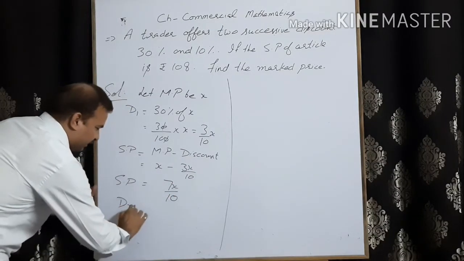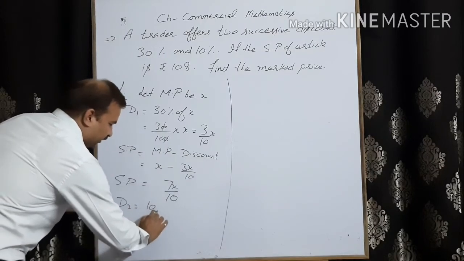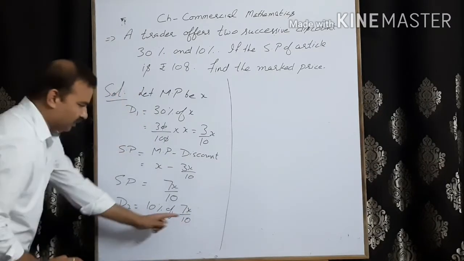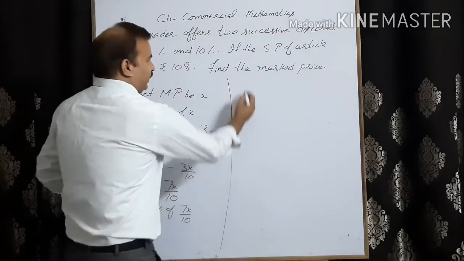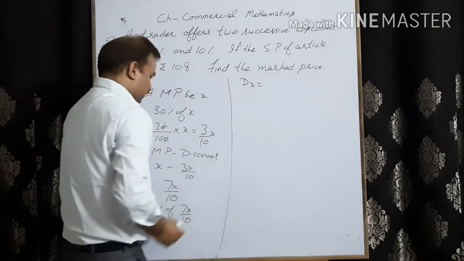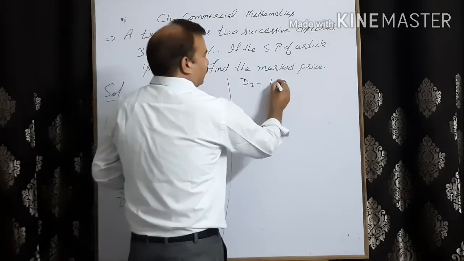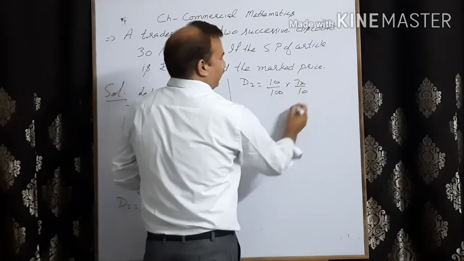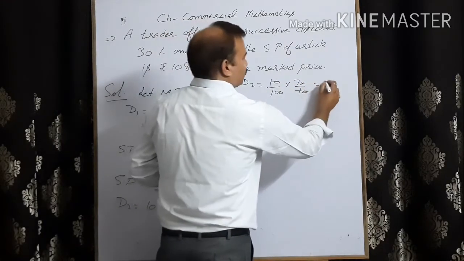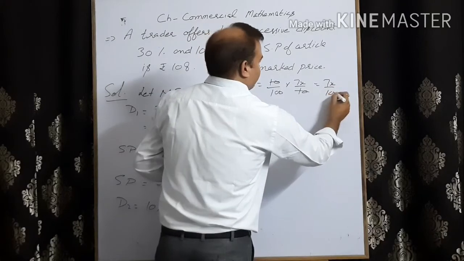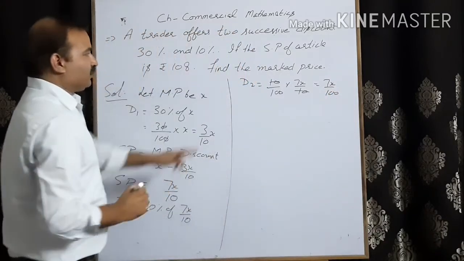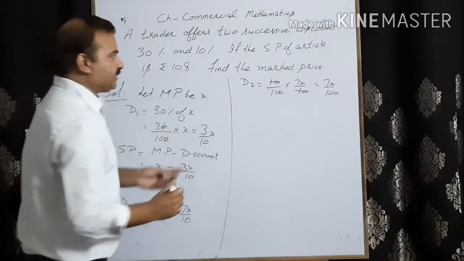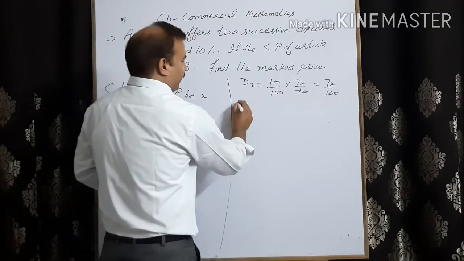Now what will be the second discount? That is 10% of 7X divided by 10. So I'm writing here, discount 2 is 10% of 7X by 10. This 10 cancels with this 10. So this will become 7X by 100. Now this is the second discount. But we have to give the discount, so we have to subtract.